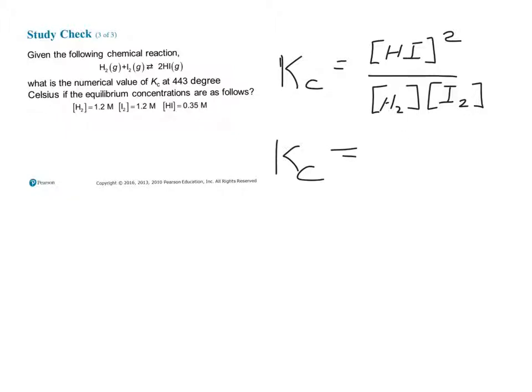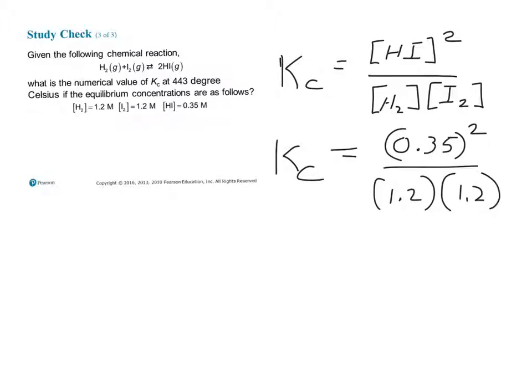They told us our equilibrium concentration of hydrogen iodide is 3.5, hydrogen 1.2, and iodine 1.2 as well. Plug that into our calculator and we get 0.85.